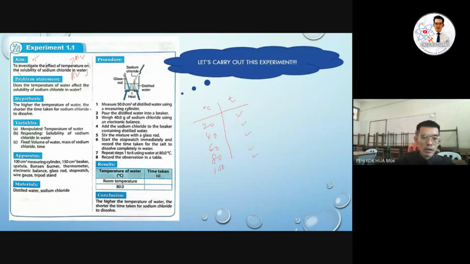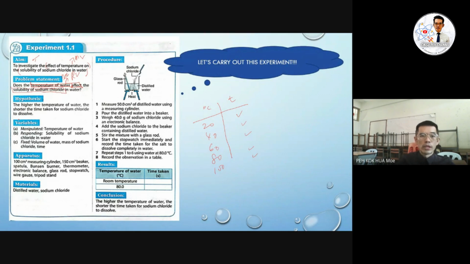The second one is the problem statement. Does the temperature affect the solubility of sodium chloride in water? You can see that the problem statement is a question relating the MV, which is the temperature of water, and the RV, which is the solubility of the sodium chloride.